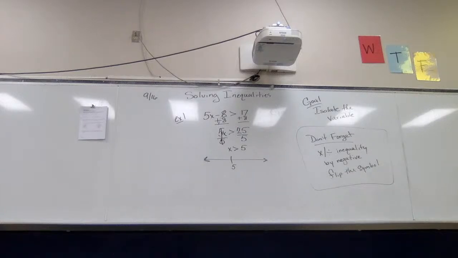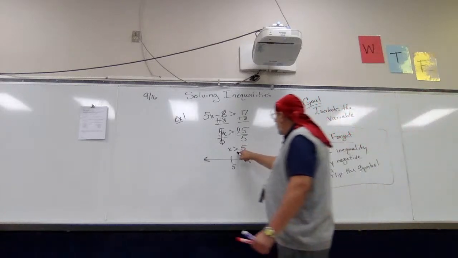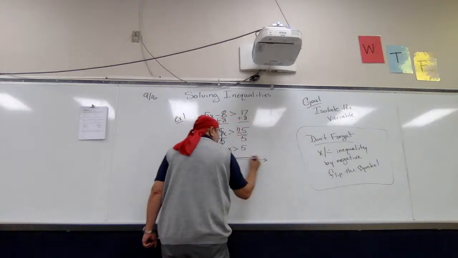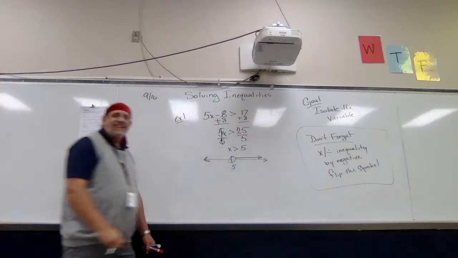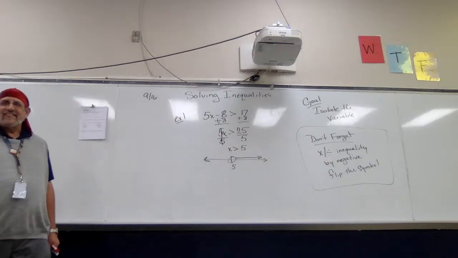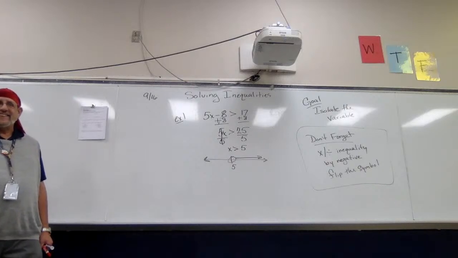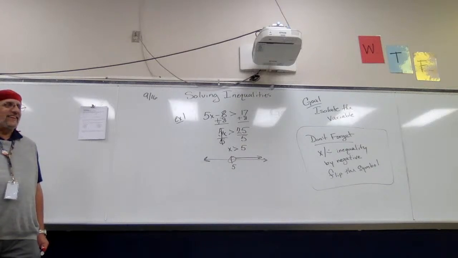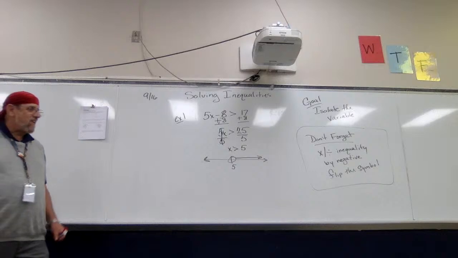It includes the number. Is there an equal sign here? No, no. Open. Yeah. See, you talked yourself into the right answer. I didn't even have to say it out loud. Good? Good.